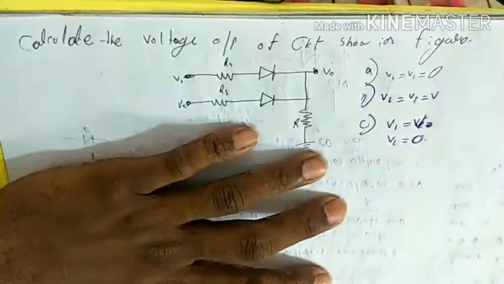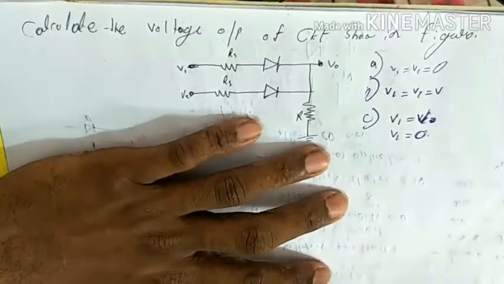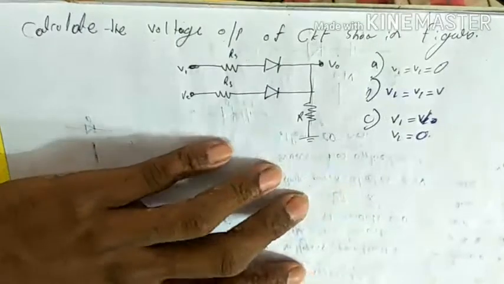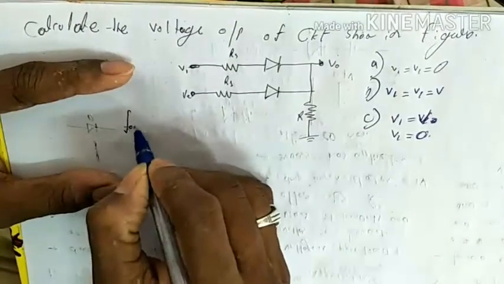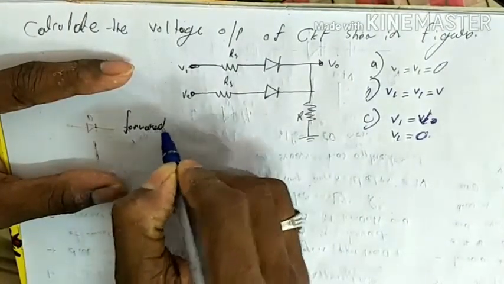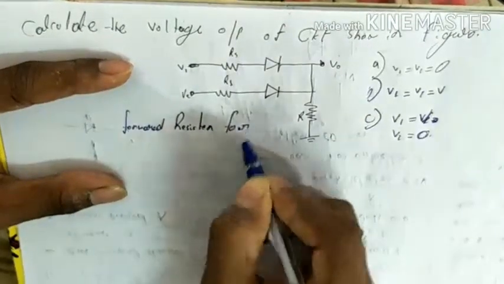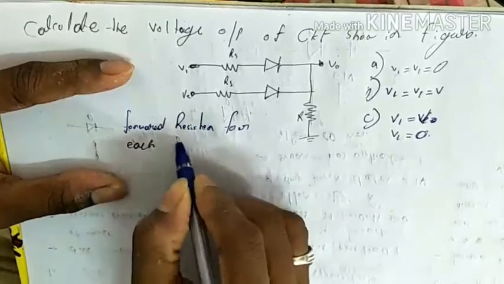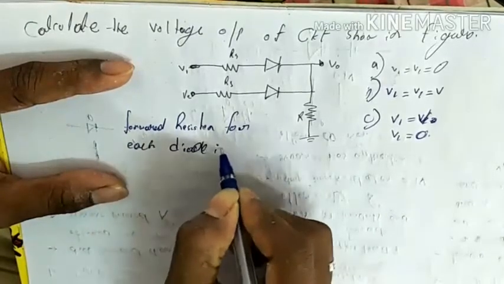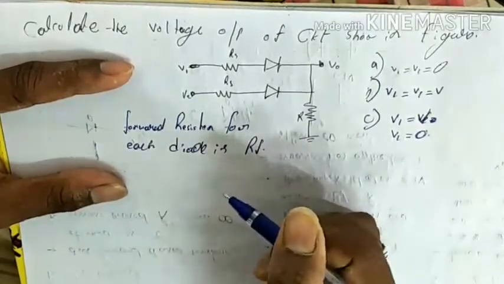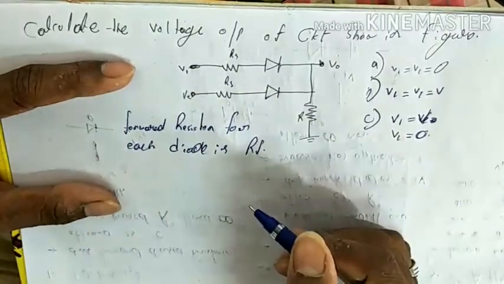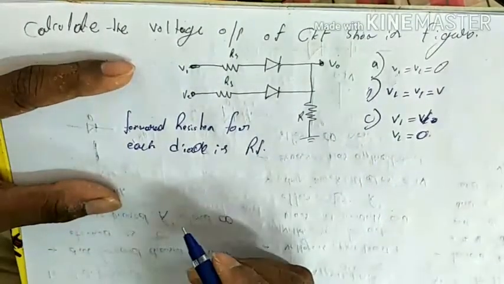This is the question, and the forward resistance for each diode is RF. Now we will go for the solution.